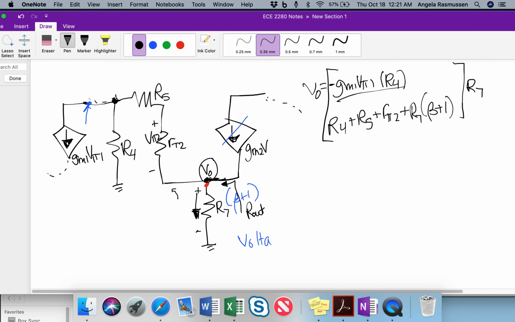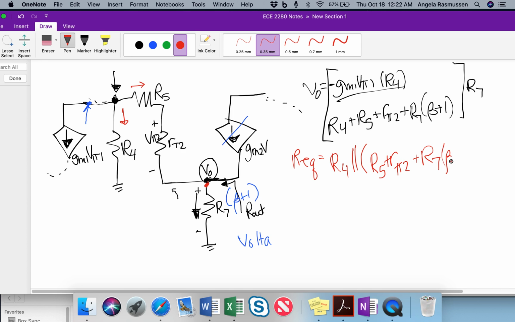The other way we could solve this would be to combine all the resistances as one resistor here, which means that there would be a pathway here and a pathway here to go to ground. So this pathway would be in parallel to this pathway. So that R equivalent there would be R4 in parallel with R5 plus R pi 2 plus R7 times beta plus 1.